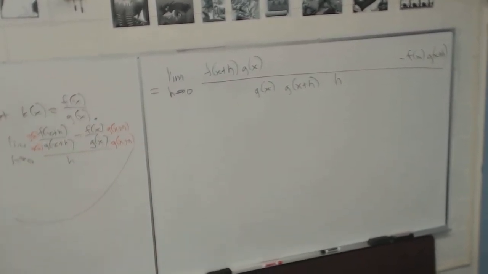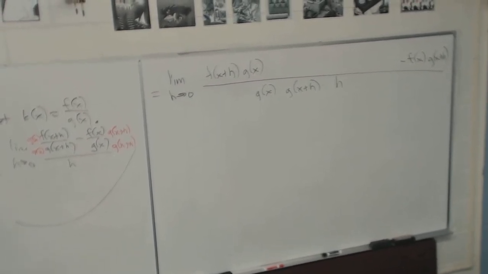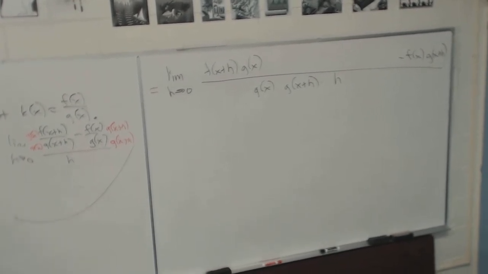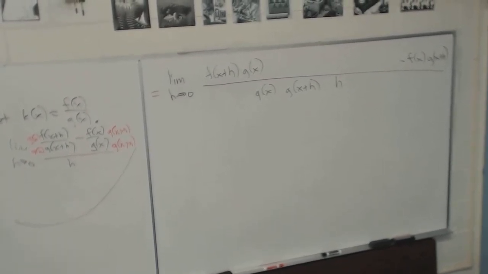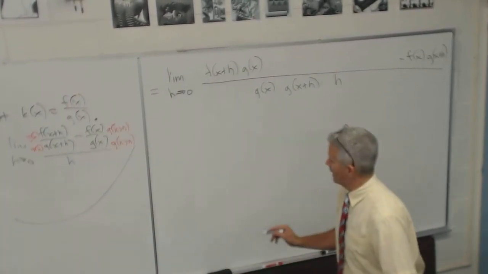Any of you, I did it for you two guys last year. I did it in class for you guys, but probably with the product rule, not the quotient rule. Does anyone know what I need to put in there? Okay, we're stuck. So we come to the bottom.